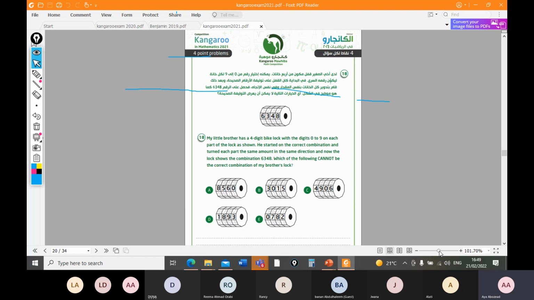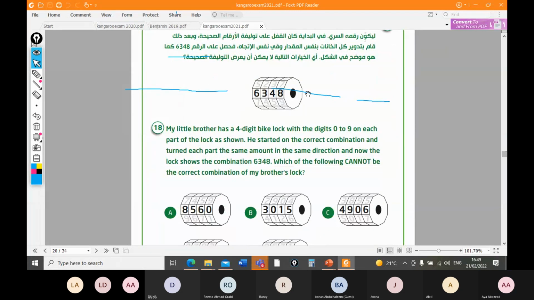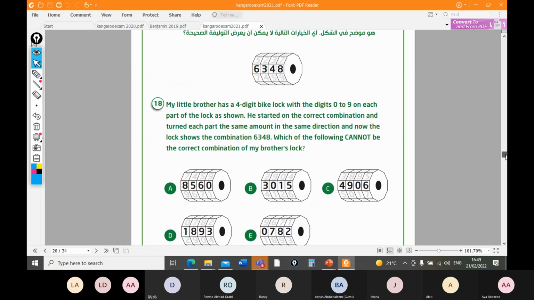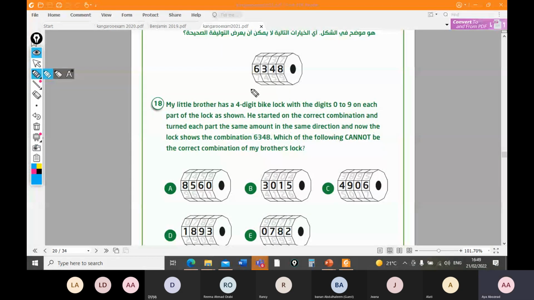I will zoom more for you to read. Again. Okay. And I will eliminate one choice for you so you can solve. Now you can see well? You can see well now?